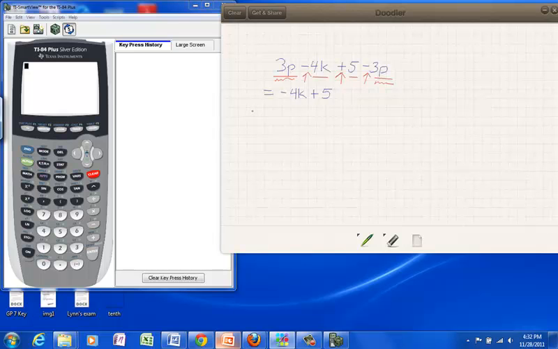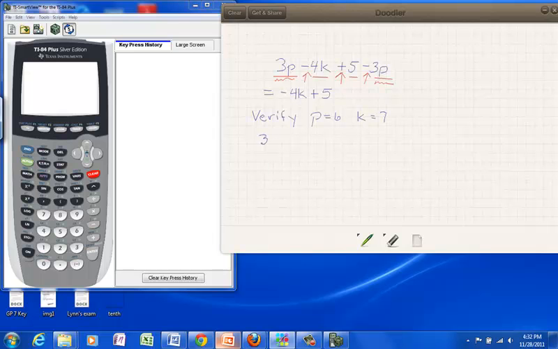All right, now let's see if that worked. Because I have 3 variables, I'm going to have to pick 3 numbers. Remember not to pick 0, 1, or 2. So I'm going to pick P is 6 and K is 7. I guess I just have 2 variables there.